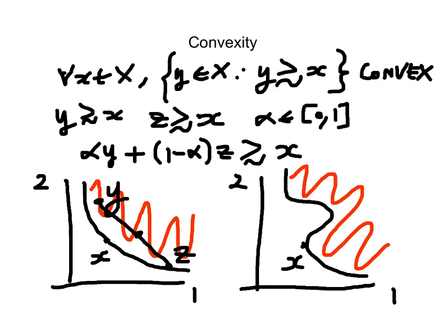I can pick y and z. Let me pick, for example, y to be here, and let me pick z here. All right, I do have y at least as good as x, it's on the indifference surface. I have z at least as good as x, it's on the indifference surface, but I find that their linear combination here is not included in the upper contour set.